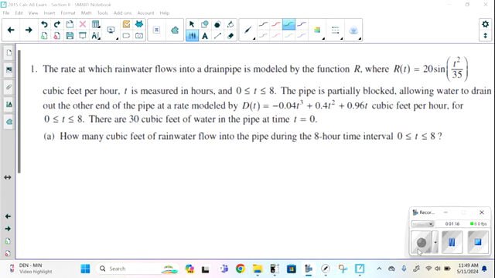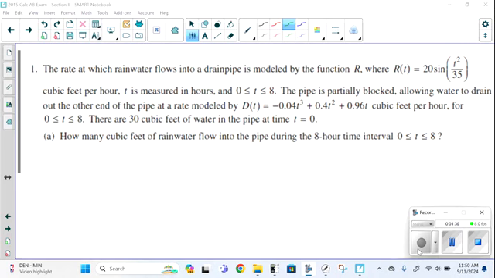So problem one reads, the rate at which rainwater flows into a drain pipe is modeled by the function r, where r of t is 20 sine of t squared over 35 cubic feet per hour. t is measured in hours, and t is between 0 and 8 inclusive.